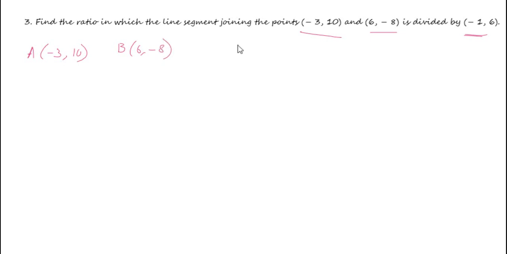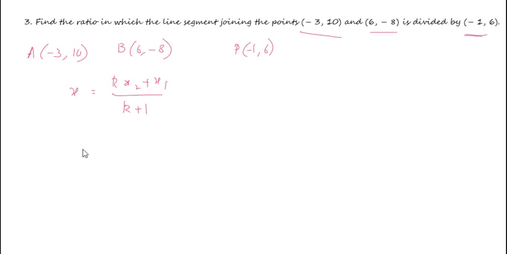Let us take this point as P, which divides the line joining these 2 points, (minus 1, 6). Now as per the section formula, the x coordinate of this point P is equal to k x2 plus x1 divided by k plus 1. This is the formula. Now let us substitute.